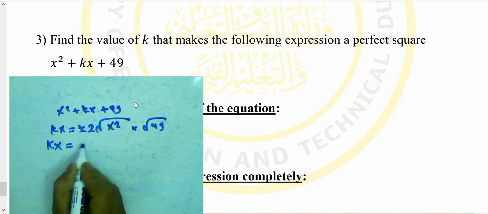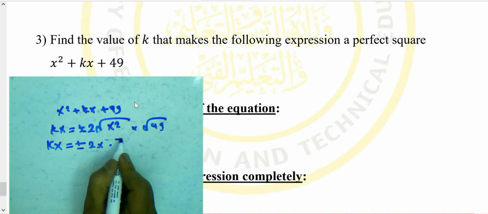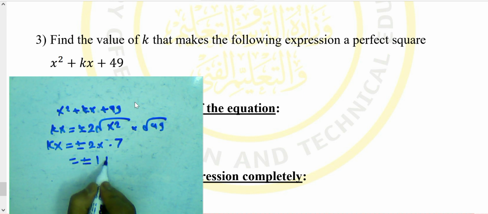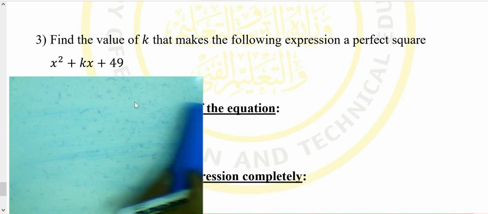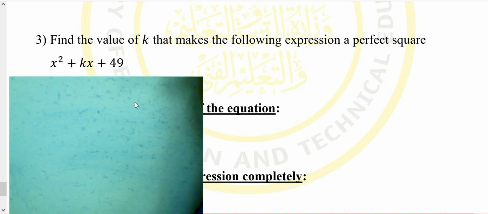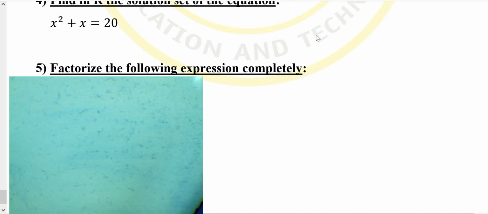Then kx equals positive or negative 2 times x times 7. The result will be positive or negative 14x equals kx. Then you can simplify: k equals positive or negative 14. Find in R the solution set. I solved this example.